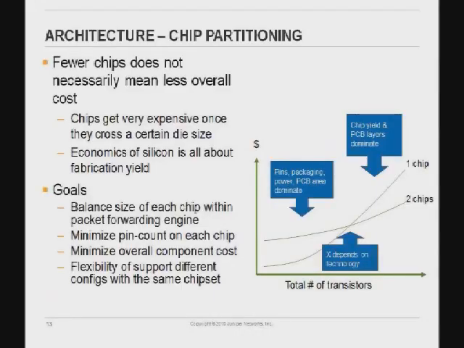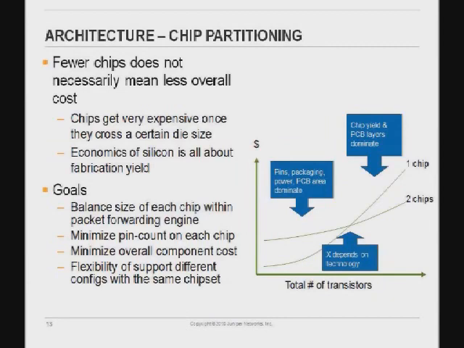And the last topic of the architecture phase is the chip partitioning. How many chips do we need on a forwarding engine? The notion that I would like to raise here is that fewer chips does not necessarily mean overall lower cost.